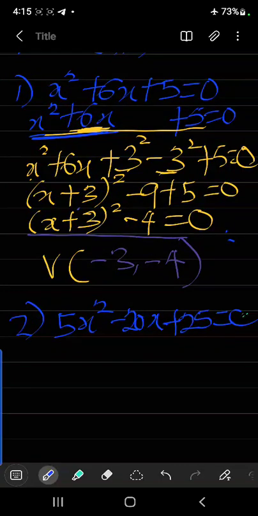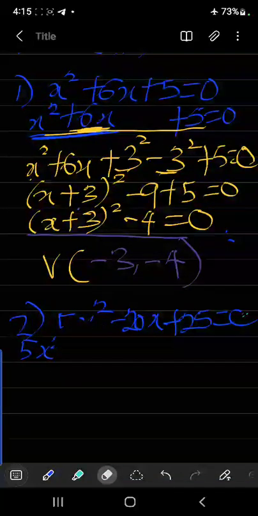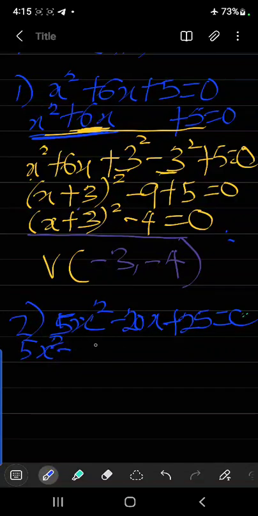Now the next thing, just like we said earlier, is to write this as 5x squared minus 20x, then plus 25 equals 0.